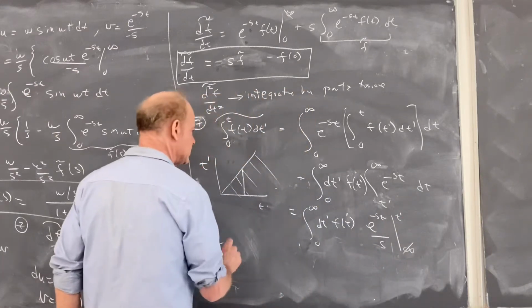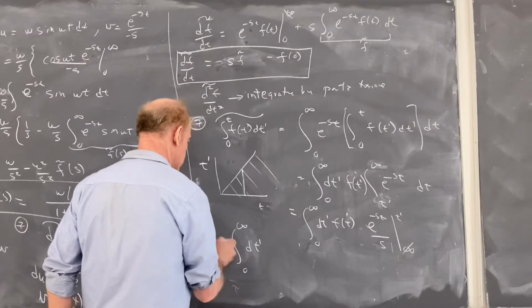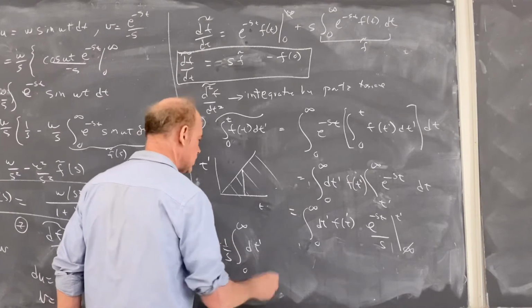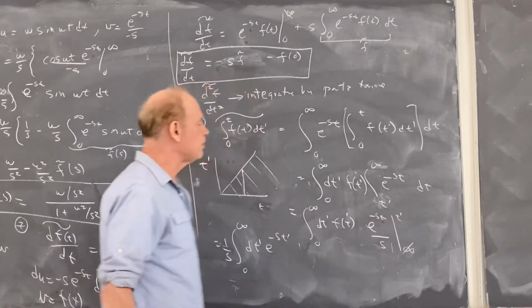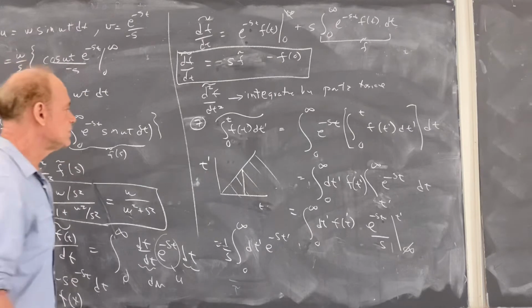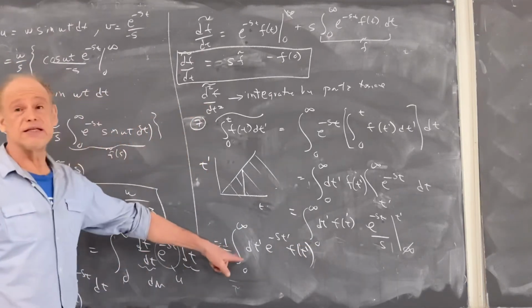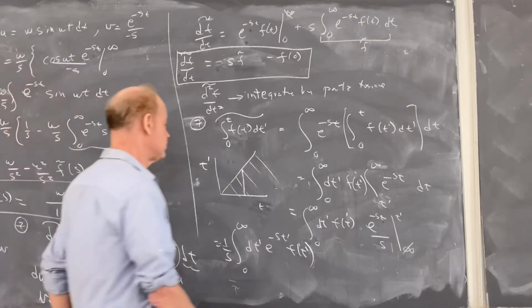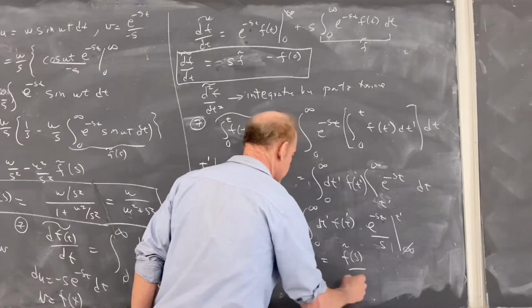So at t prime, this is just the integral from 0 to infinity, dt prime, 1 over s, times e to the minus st prime times f of t prime. And notice that this is just f tilde of s. So this is just f tilde of s divided by s.